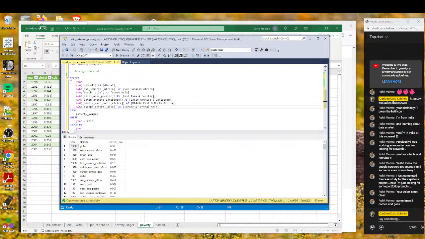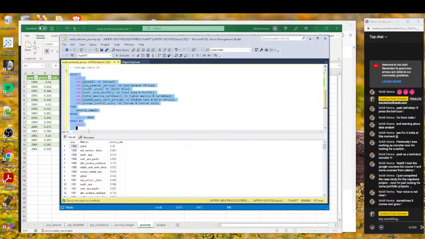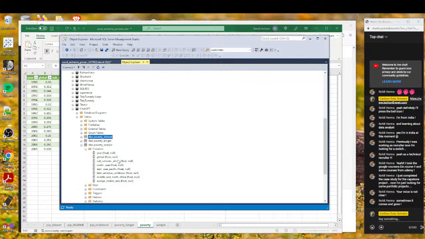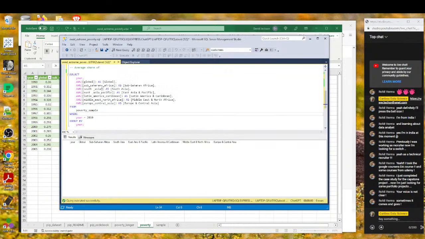Poverty sample. Oops. Huh. Well, it gave us this. I wonder why. Let's get rid of that.